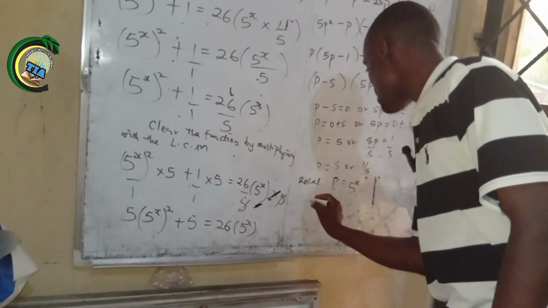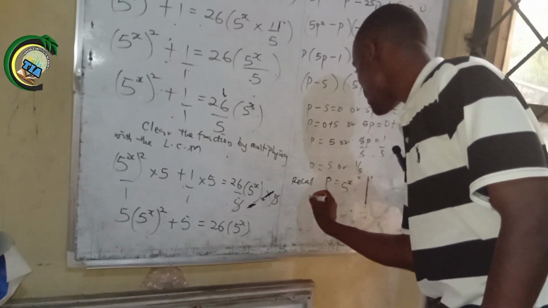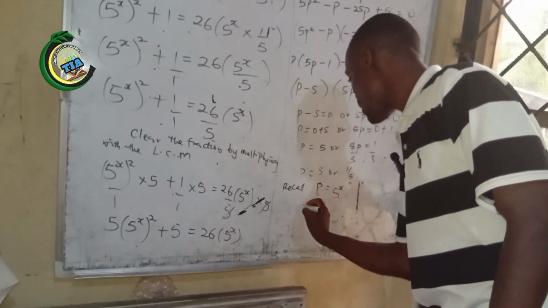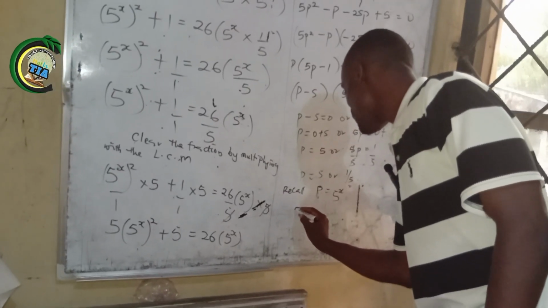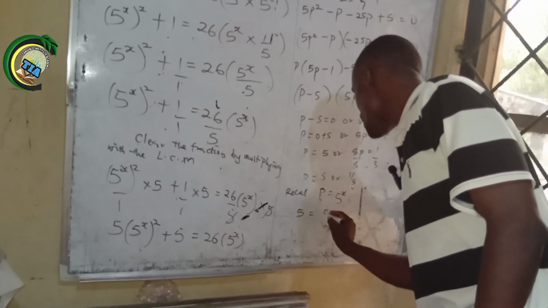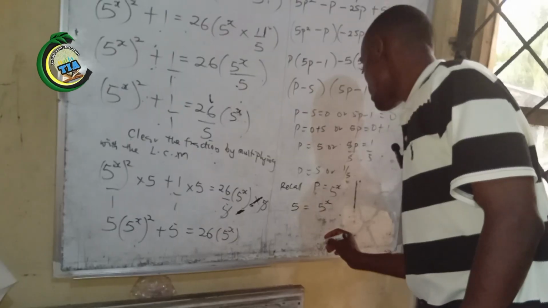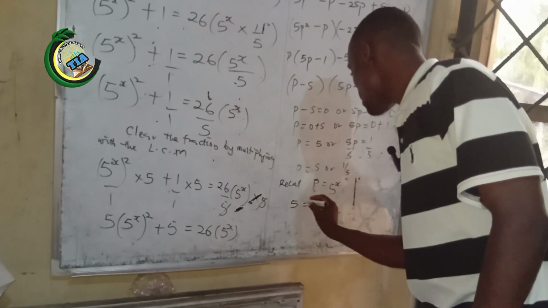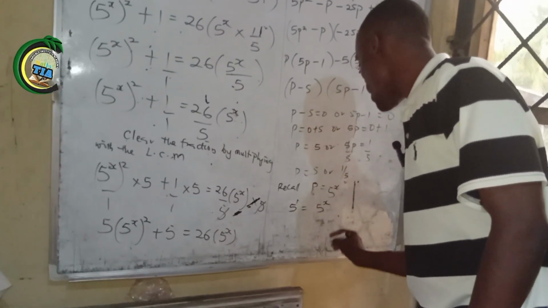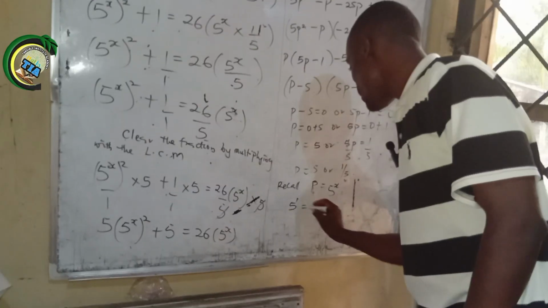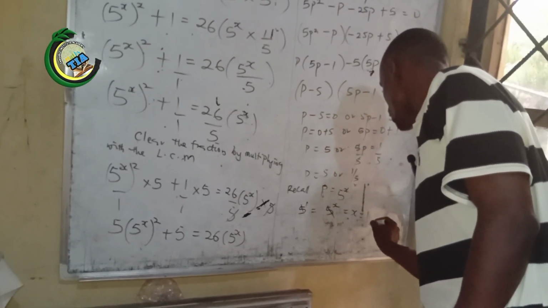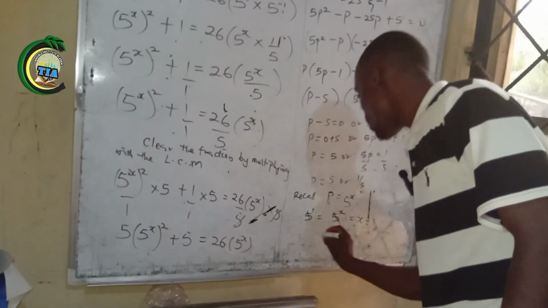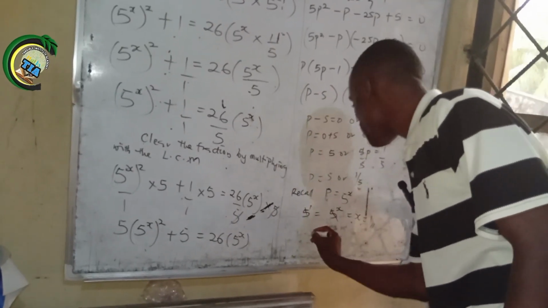So this implies that, let us take the first value of p, which is 5, which means that 5 is equal to 5 raised to power x. Now you can see that the power of 5 here is 1. So if the bases cancel themselves, we have that x is equal to 1.